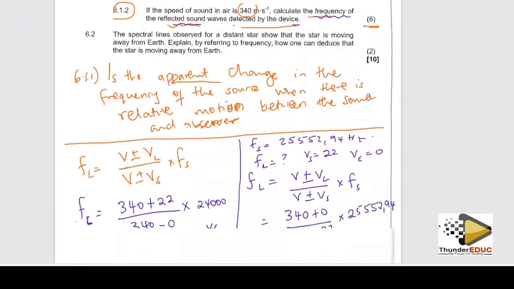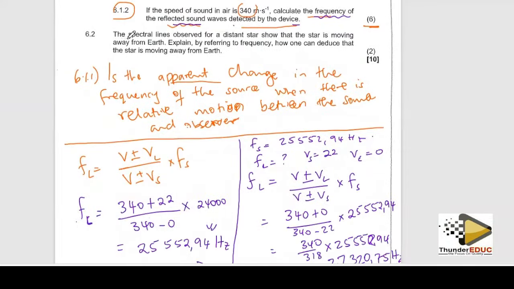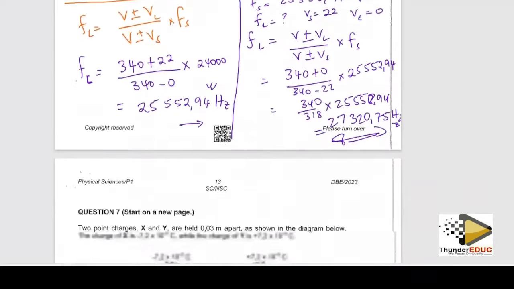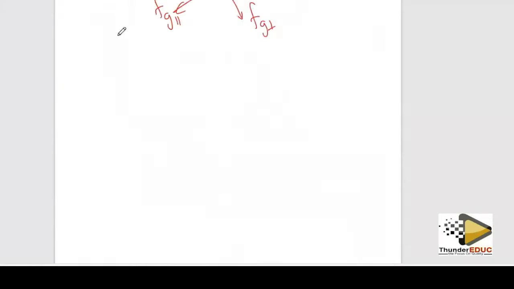Okay, then 6.2. They're telling us that the spectral lines observed from a distant star will show that the star is moving away from the Earth. Explain by referring to the frequency how one can deduce that the star is moving away from the Earth. So one thing you need to know is that when the star moves away, the distance increases.